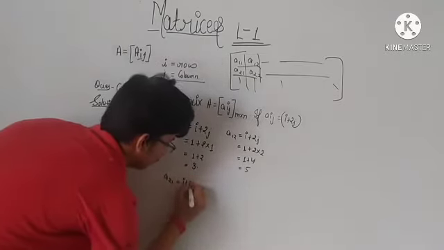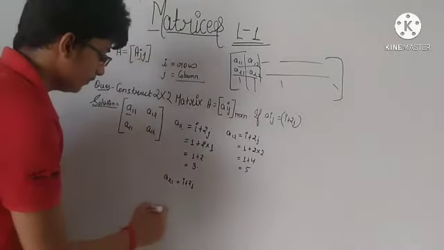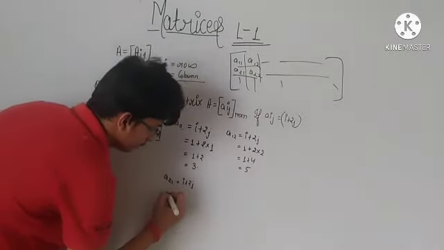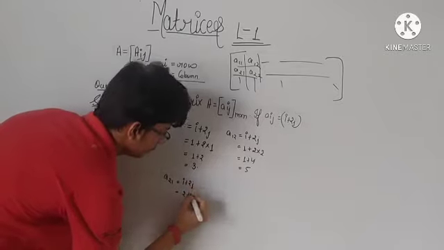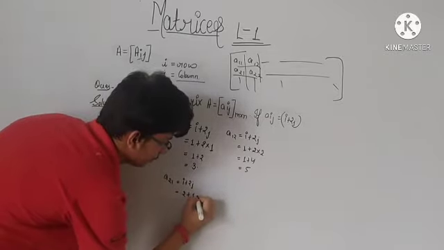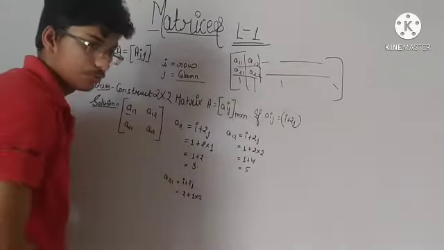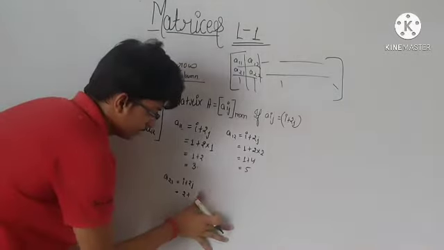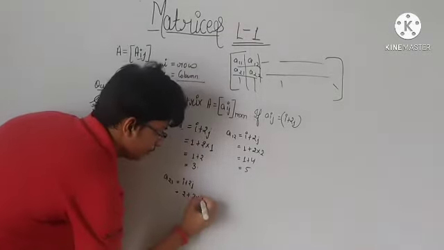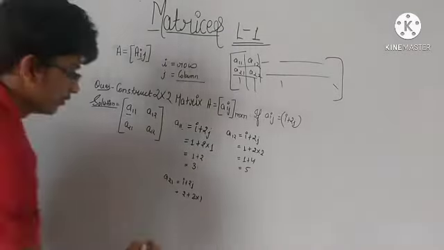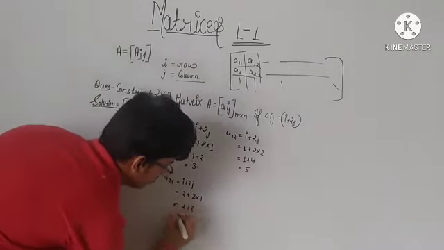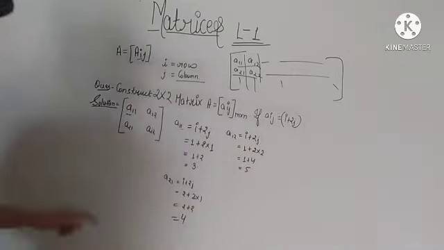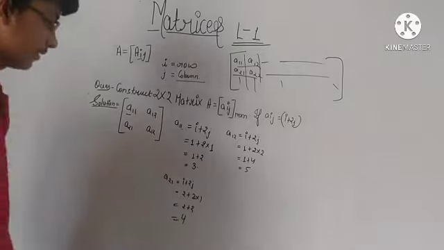So I plus 2j is equals to I हमारा 2 प्लस j हमारा 1, 2 into 1. इसको कैलकुलेट कर लेंगे तो आ जाएगा 2 plus 2 is 4. So थर्ड एलिमेंट की वैल्यू आ गई हमारी 4.